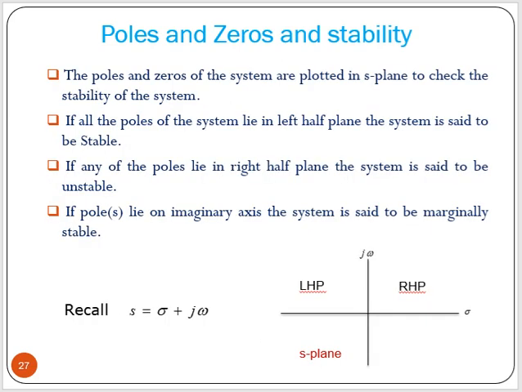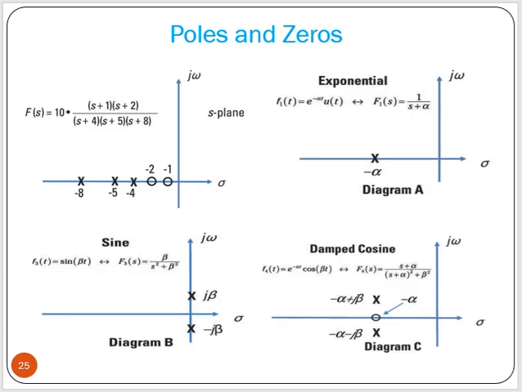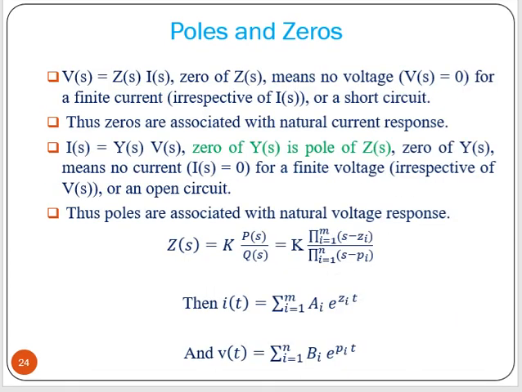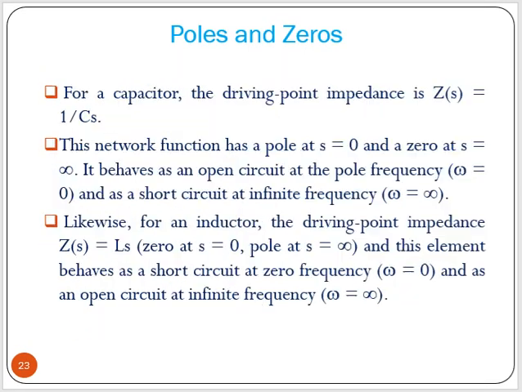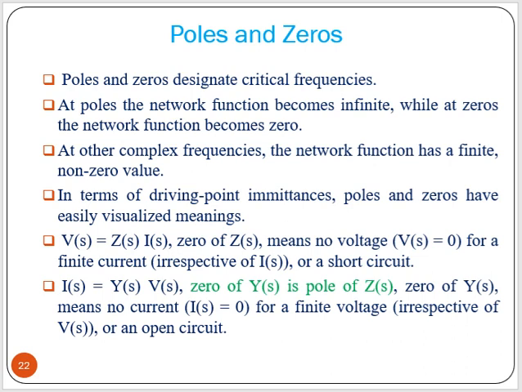In this lecture, what is the main point that we have to understand? That is what poles and zeros are, and what the physical interpretation of poles and zeros is. With respect to circuit theory, the main physical interpretation is that zeros make the network function zero. That means short circuited, so we can get the current response.